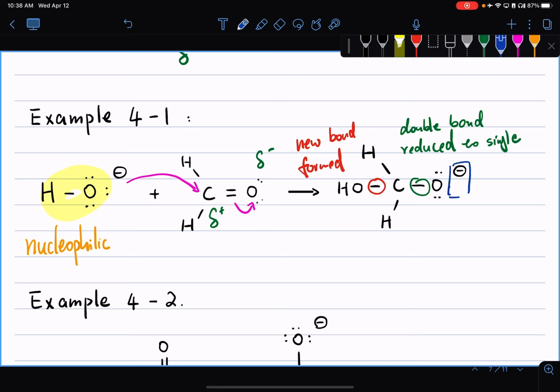And our charge is now on the oxygen. All right, so lots of things are happening, but no need to remember all of it. You just look at our arrow pushing and think about how the electrons are moving in this chemical reaction.